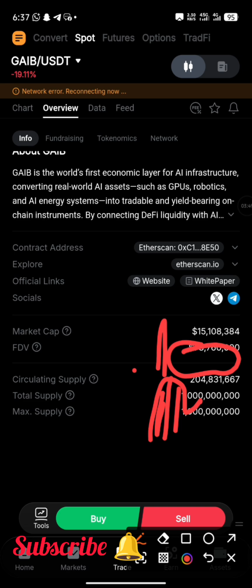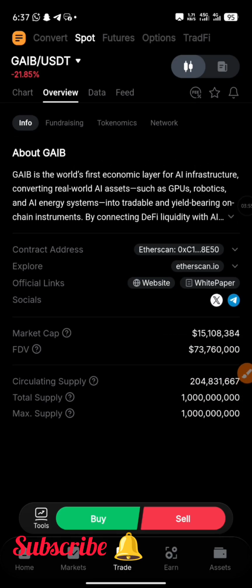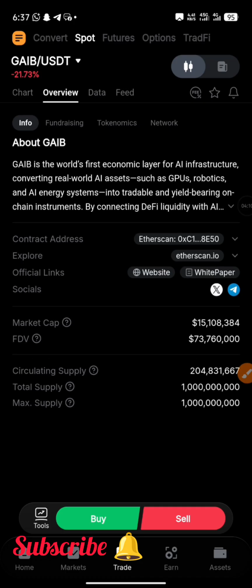So now, why is this circulating supply important? Because it affects market cap. Market cap is equal to price multiplied by circulating supply, which is why it's important. When you multiply the price by the circulating supply, it gives you the market cap.